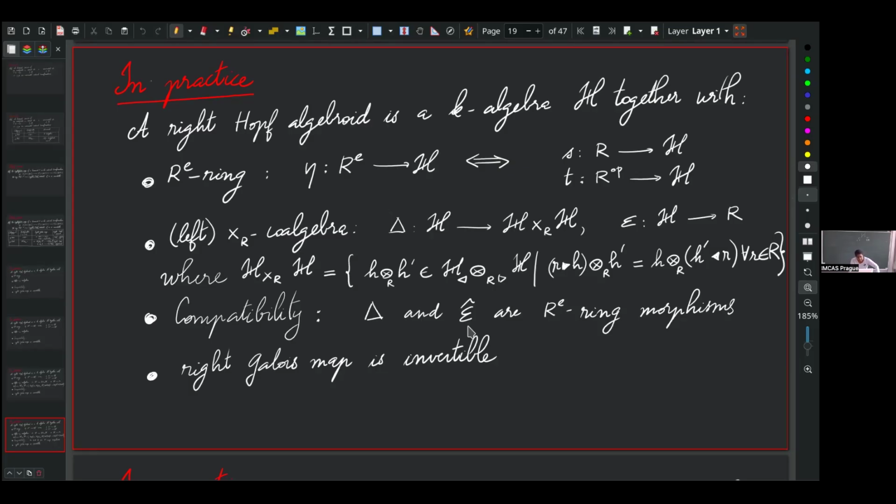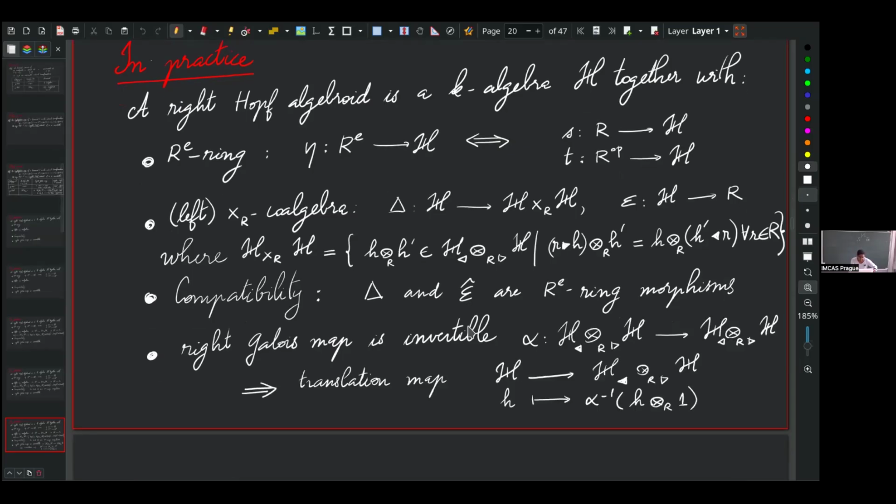And finally, we check that alpha, the right Galois map, is invertible. And once we have this invertibility, we can define what is called the translation map, which is obtained by applying the inverse of the Galois map on H tensor 1. And the Galois map is defined in such a way that we can recover alpha minus 1 from the translation map.